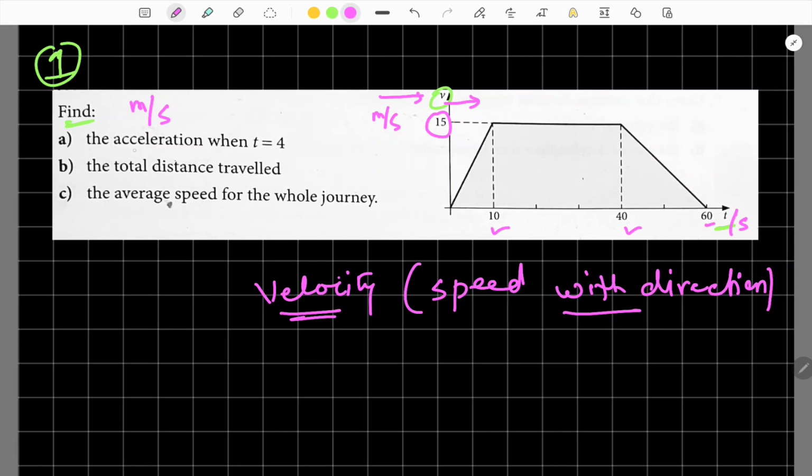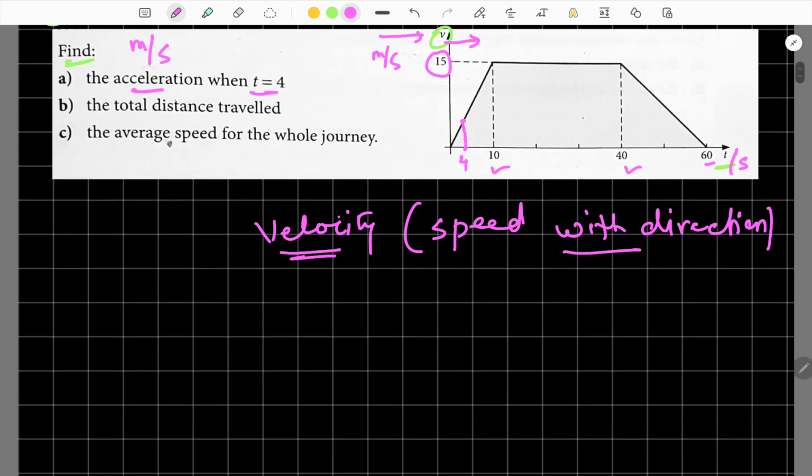Okay, perfectly fine. So what is the first part? Find the acceleration when t is equal to 4 seconds. Let's say there is some t of 4 seconds and you have to find the acceleration at t equal to 4 seconds. So beta, we've already discussed, let's solve it. The gradient of a speed-time graph or a velocity-time graph gives us acceleration.